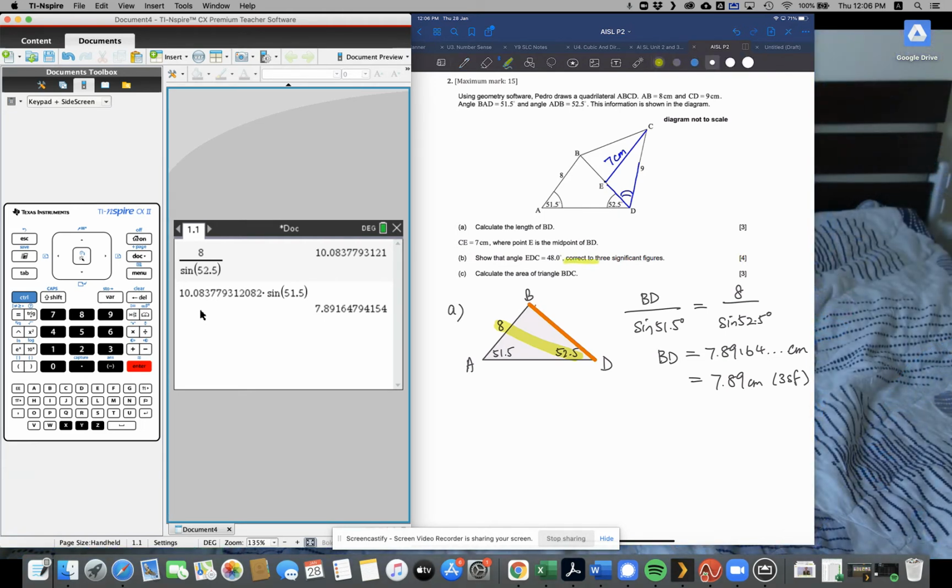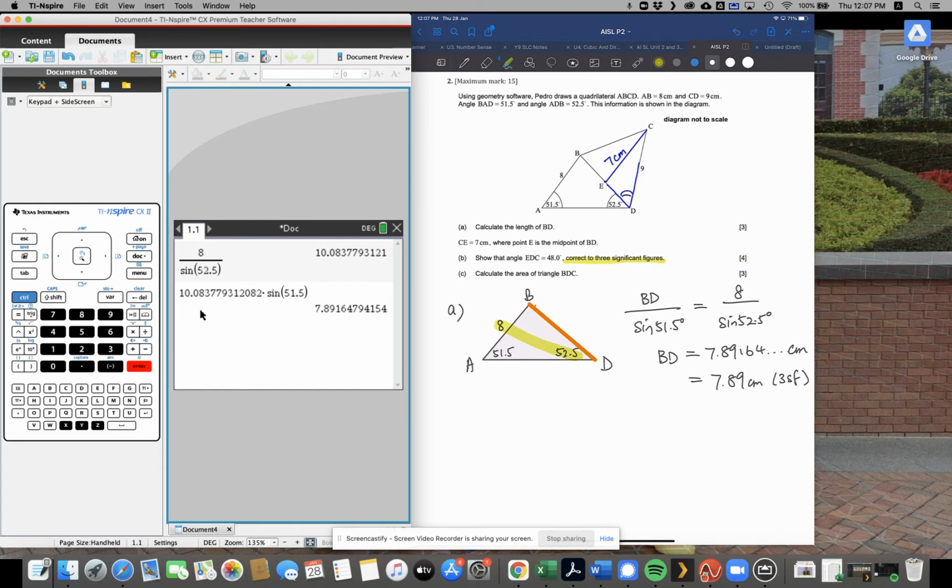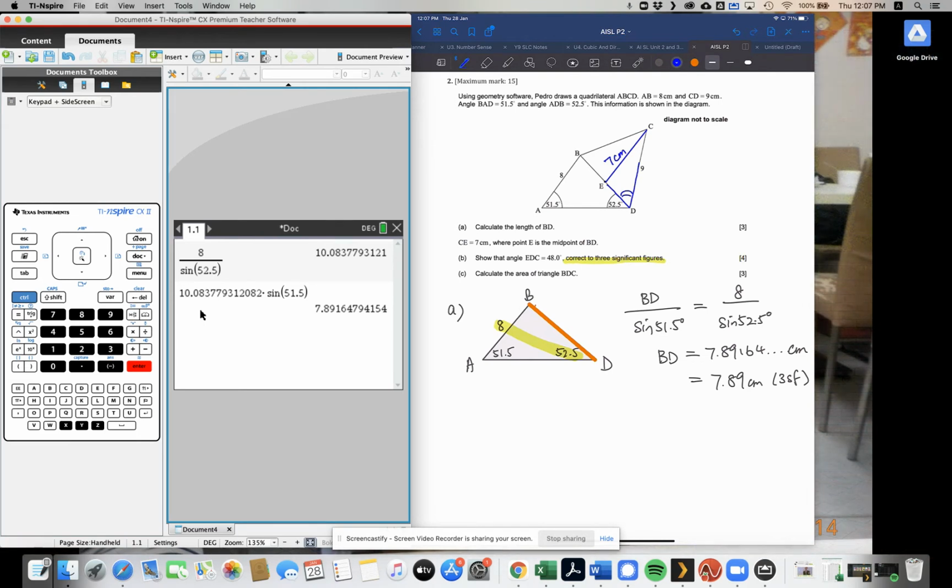When they word it like this, it means you must show the value of the angle before you round it. So that's the bit that you need to pay attention to. We need to show the size of the angle.